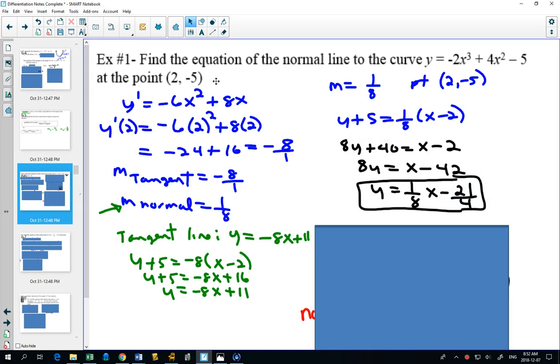So from the last blue line here, moving forward, I can multiply both sides by 8 to get rid of the fraction. That lets me rearrange it quite nicely. And then I could divide everything by 8 to get my equation of my normal line.